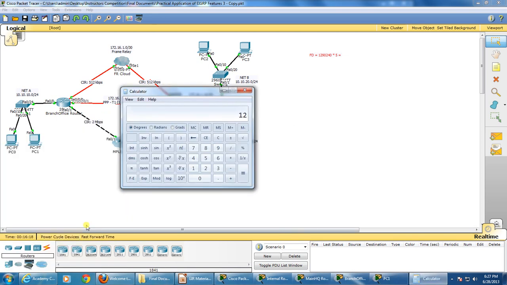So that's 1,290,240 times 5. This will give us 6 million. If you're going to make it 4, this will only provide us 5,160,000.